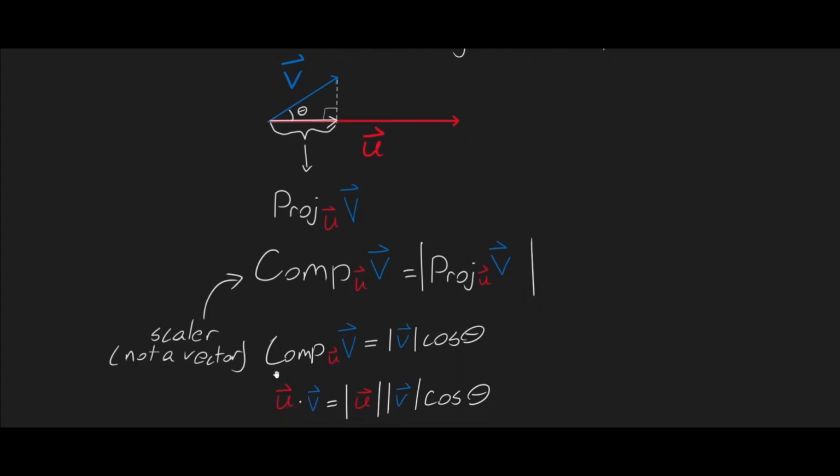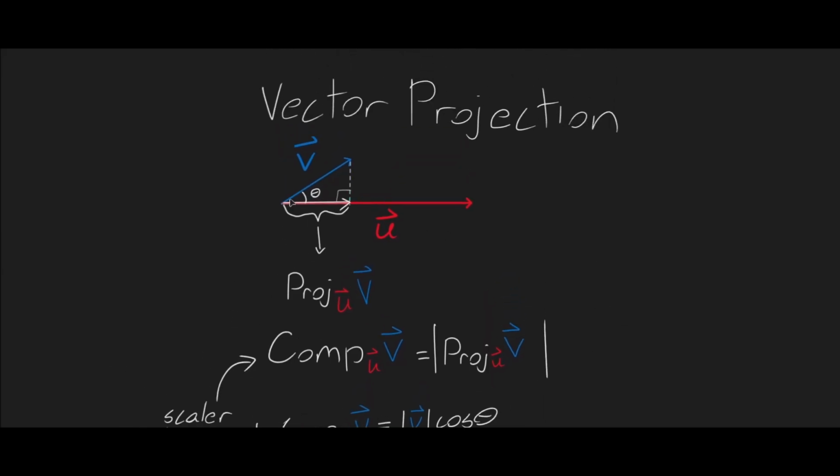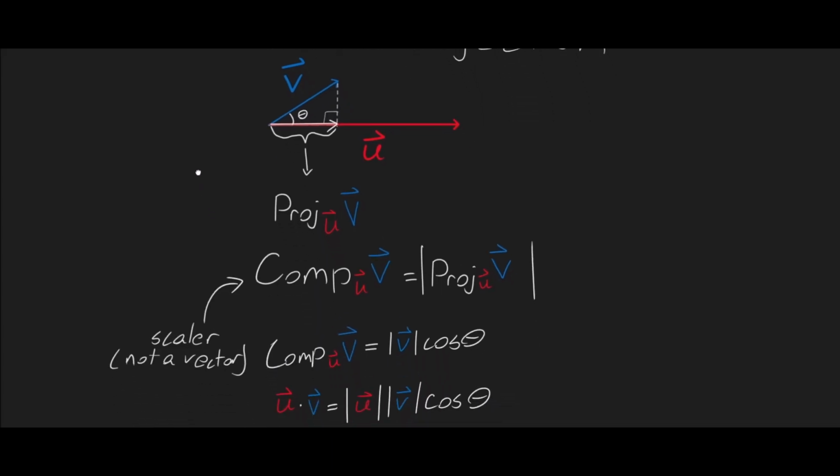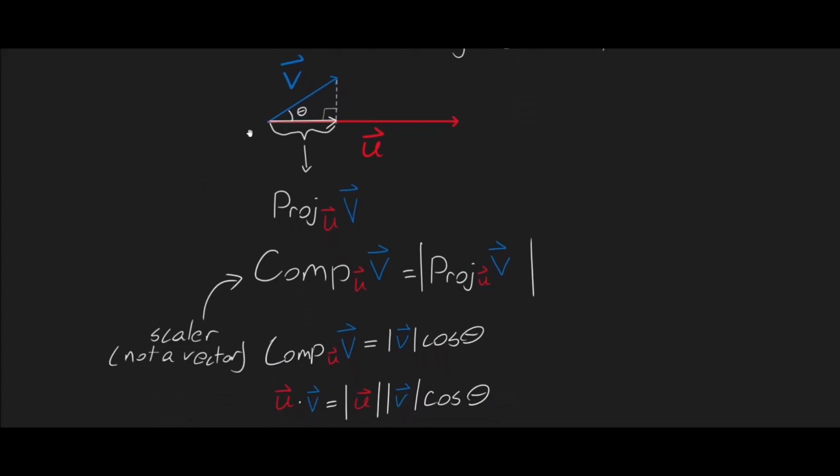The component of v on u is also equal to the magnitude of v times the cosine of theta, and we can see this by looking at this picture. The cosine of theta is going to be the adjacent side divided by the hypotenuse, so it's going to be this distance divided by the magnitude of v. In other words, that distance is equal to the cosine of theta times the magnitude of v.